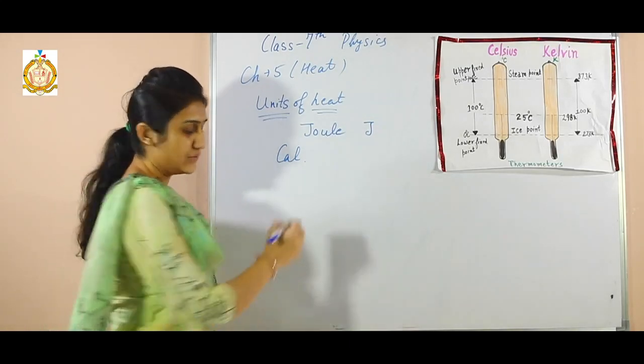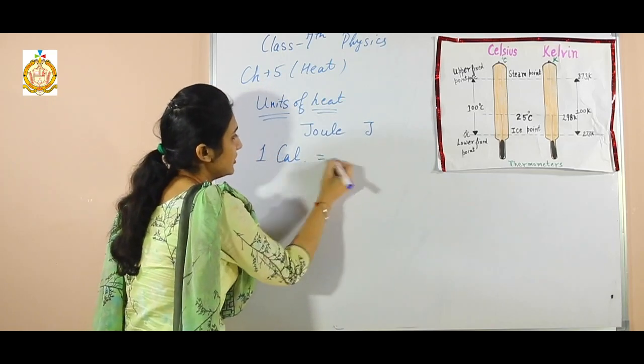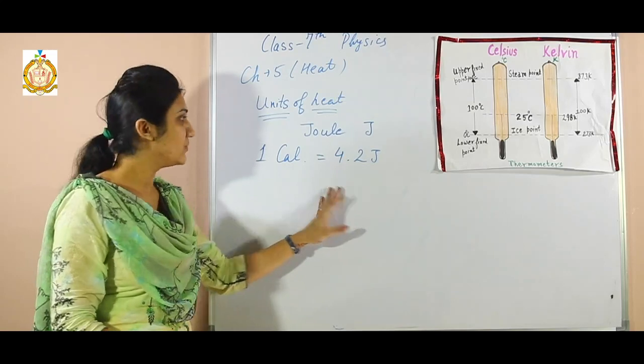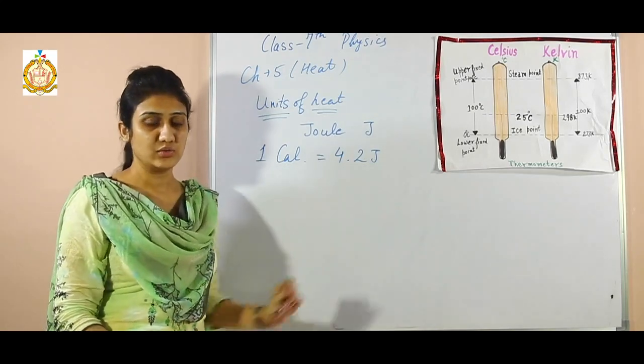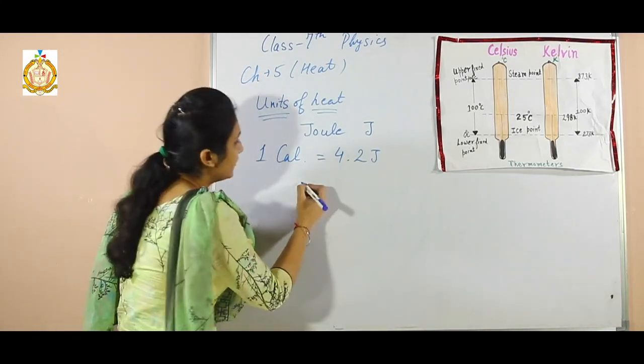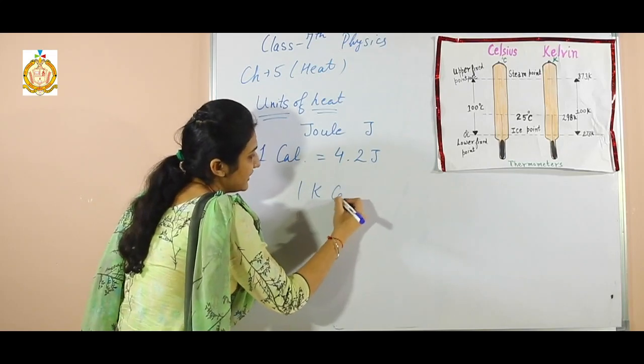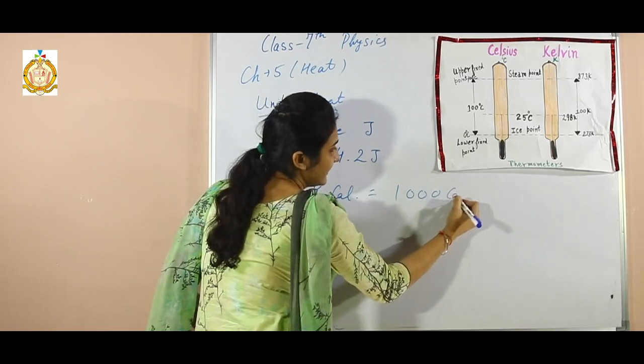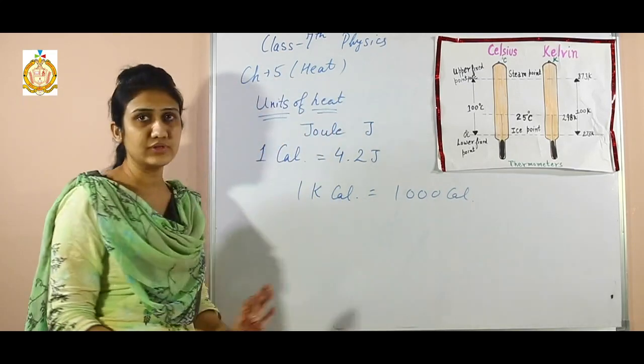And 1 calorie means 4.2 joule. This is an important relationship between calorie and joule, and their bigger unit of heat is kilocalorie. Kilo means 1000, so it means 1000 calorie. So these are the units of heat.